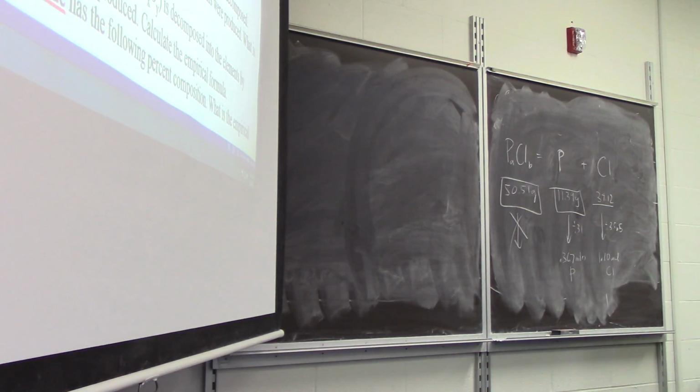Check that number again. 11.39 divided by 31 is 0.367.